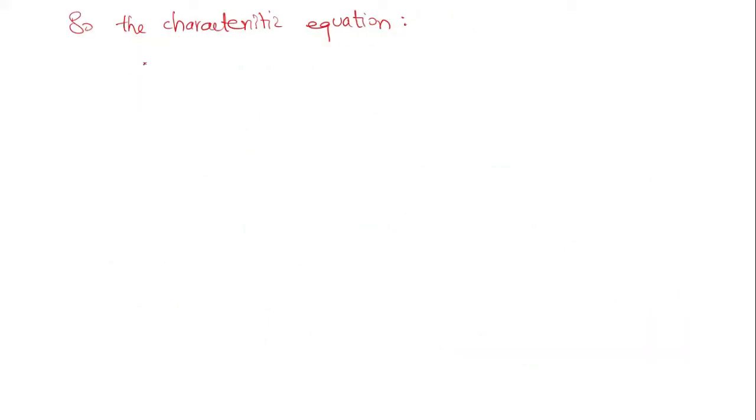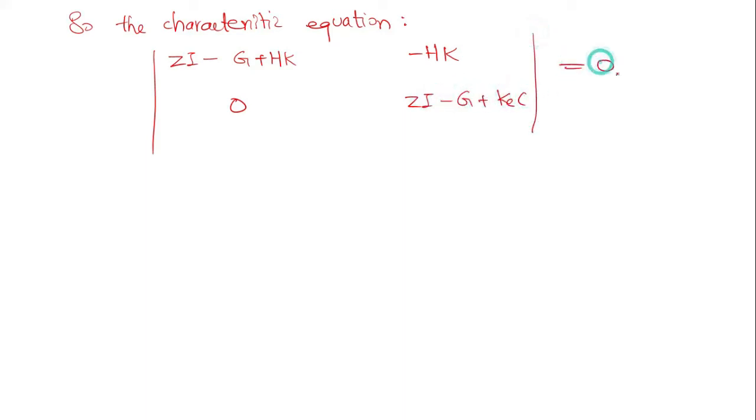So the characteristic equation for the above system is the determinant of zI minus G plus HK, minus HK, 0, zI minus G plus KeC, equal to 0.